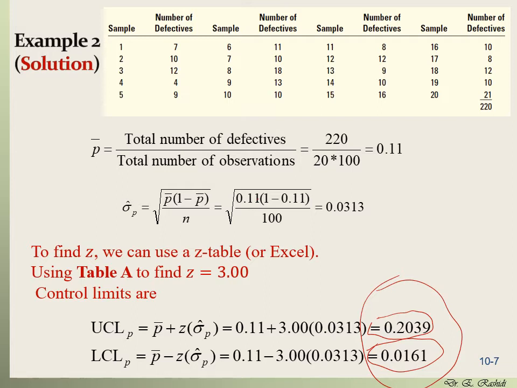If you look at sample 20, the p hat, the proportion here, would be 21%. And 21% is not within this range. So this means that the process is not in control.